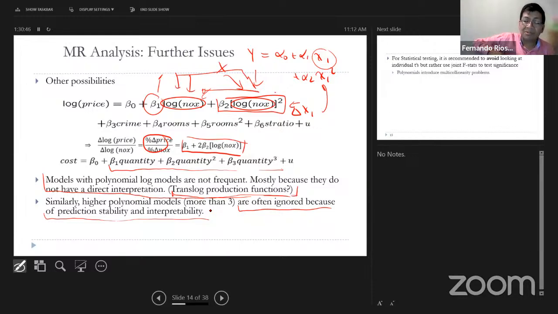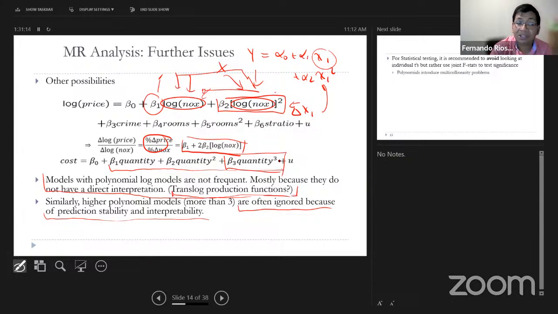When you have cubic terms, the curve becomes so complex that it's going to be very hard to figure out what's the direction just by looking at the coefficients. Because of that, models that have more than square parameters are usually not common in the literature, unless you go into semi-parametric analysis, which we are not going to talk about in this course, except for this caveat.